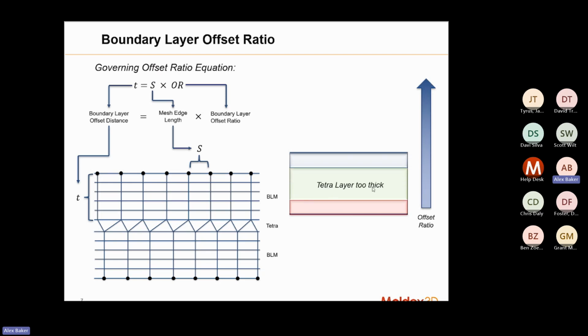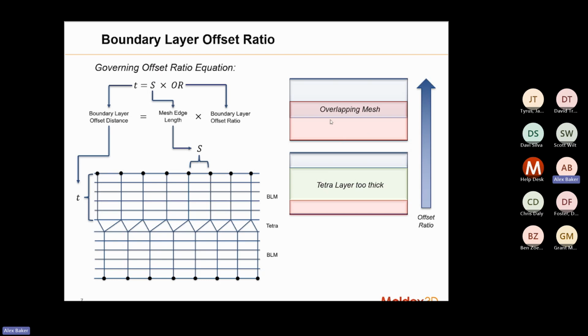This starts to mean that the tetra layer gets too thick. It has too much of an impact on the results, which is not great. But on the other side, if we have too high of an offset ratio, theoretically, we could have a situation where the boundary layers overlap with one another, which is also not a good thing.